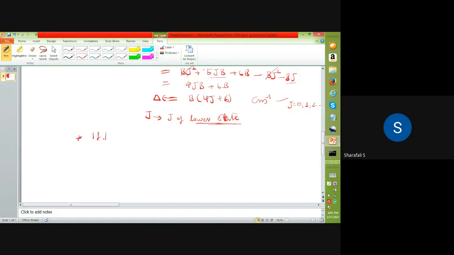If the molecule gains energy, which we already discussed, it means that the photon energy gets decreased, and vice versa.